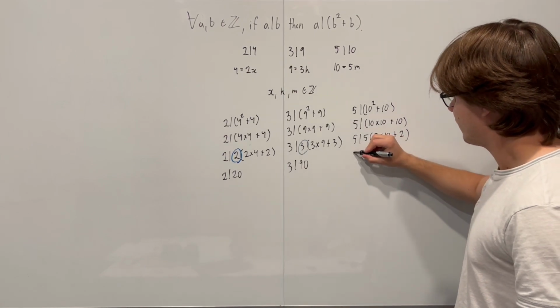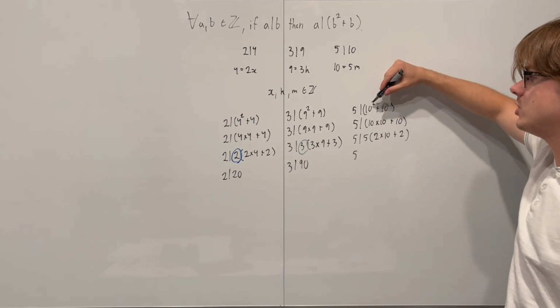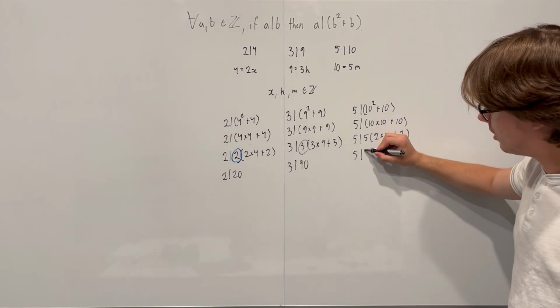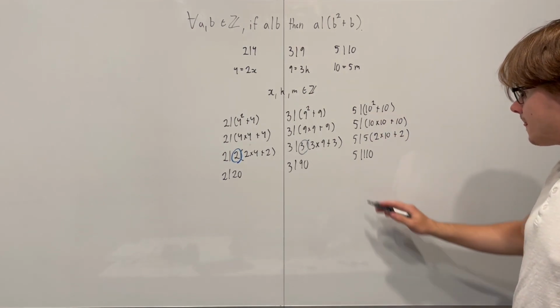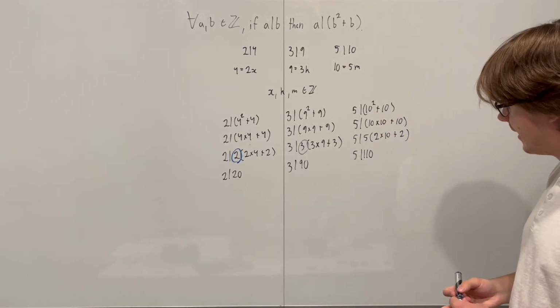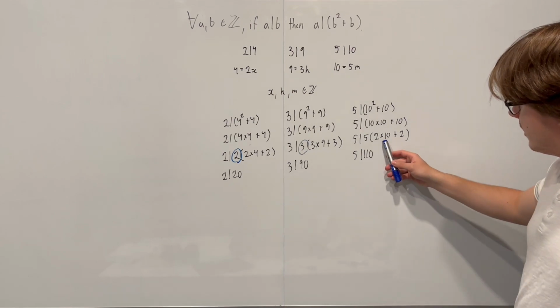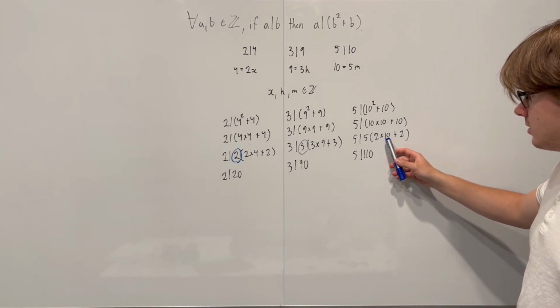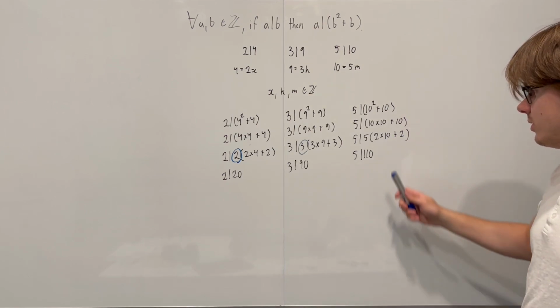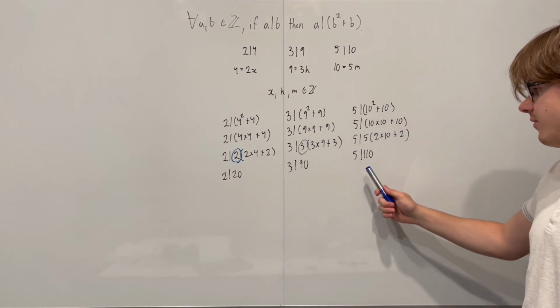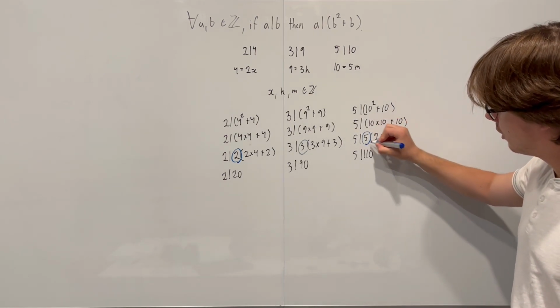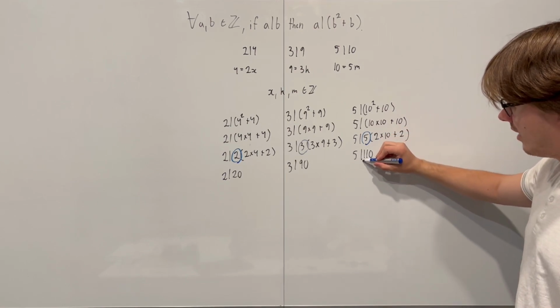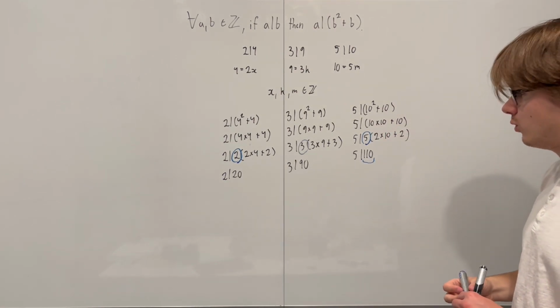Yes. And if we just want to compute this in our head, 100 plus 10 is 110. Now this is true because 110 can be written as a multiple of 5. 2 times 10 is 20, and then 20 plus 2 is 22. 22 times 5 is in fact 110, so what we have above is what we have down here written as a multiple of 5, which is what's on the left.